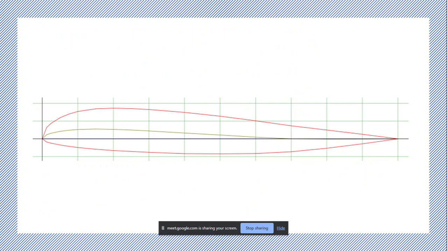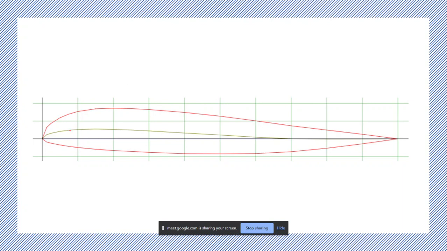Now, look at this airfoil. Just observe it for a minute. What the question basically will be is to identify some graphs based on this airfoil. The red line is the shape of the airfoil. This greenish yellowish line is the camber line.